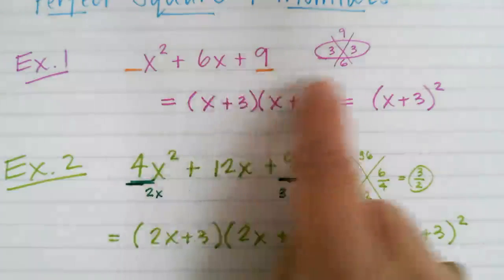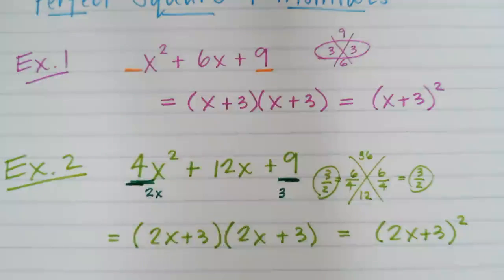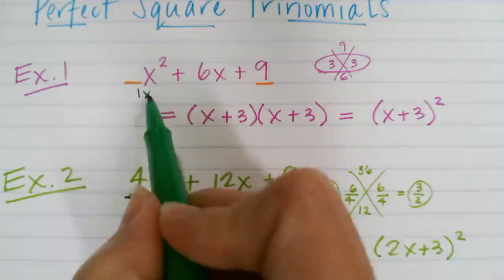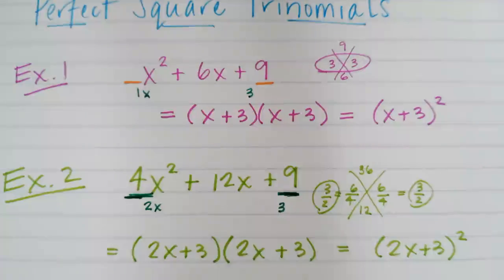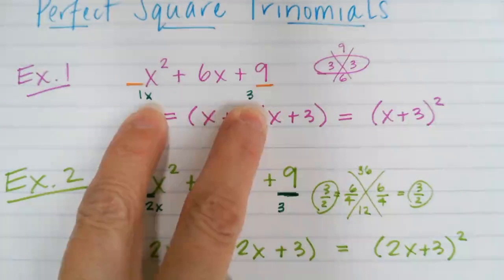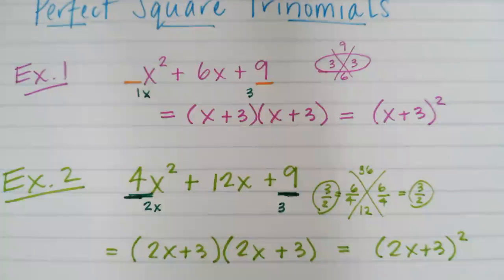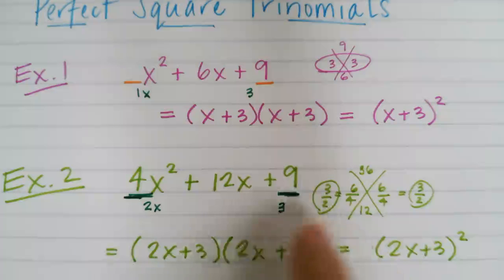Same thing here: the square root of this was 1x, and of this was 3, and that multiplied times 2 is the middle. So again, it's just something that happens.